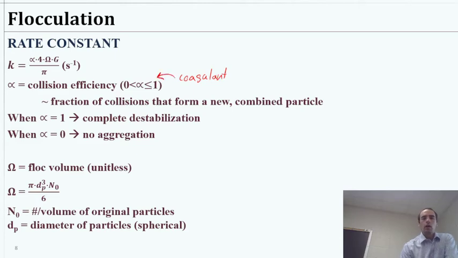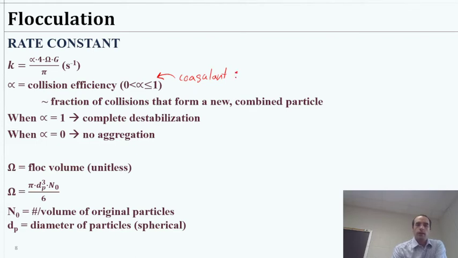If it does a good job, then the collision efficiency should be perfect, right? So if we completely destabilized the particles, then this value should be 1, because every time they meet, they stick together and form a new, larger particle from the two of them.